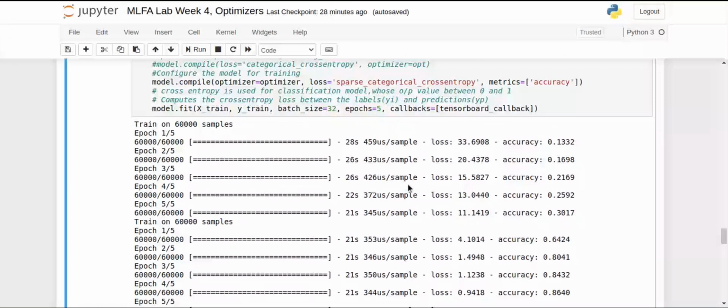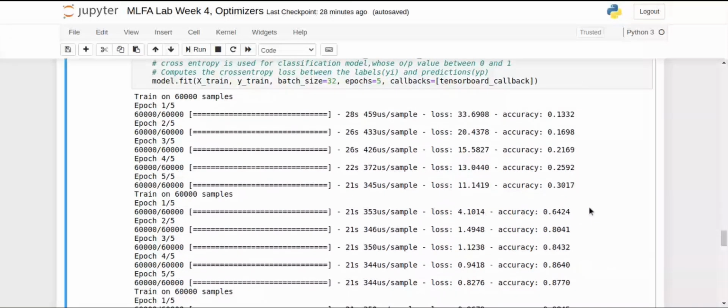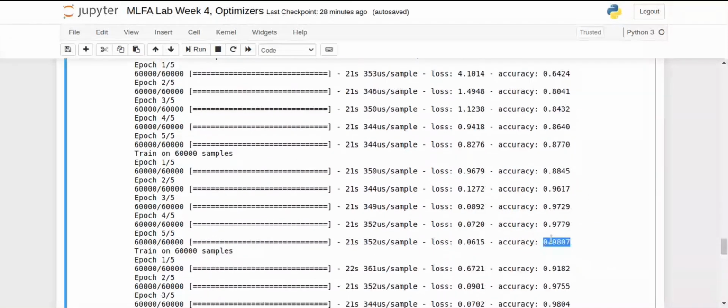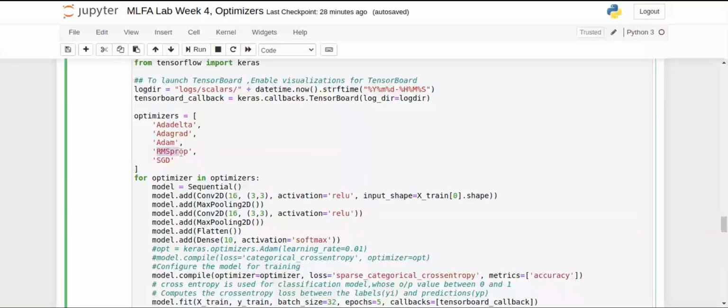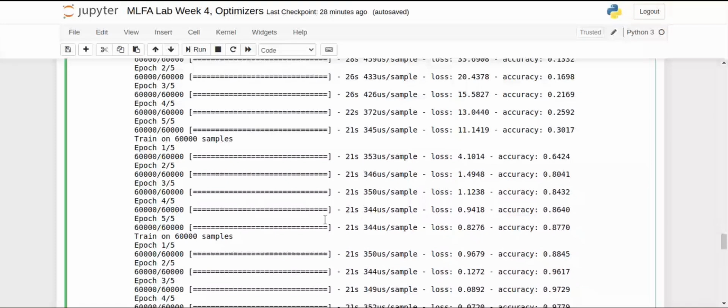Similarly for the other optimizers you can see the accuracy, and I think Adam's is the maximum. One more optimizer is there, RMSprop, which has about the same accuracy, slightly higher for that example.